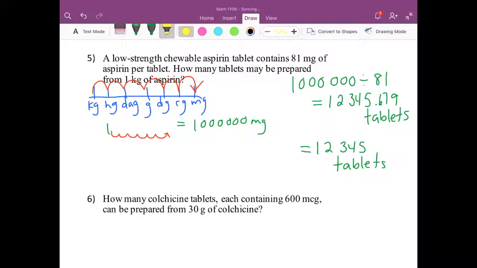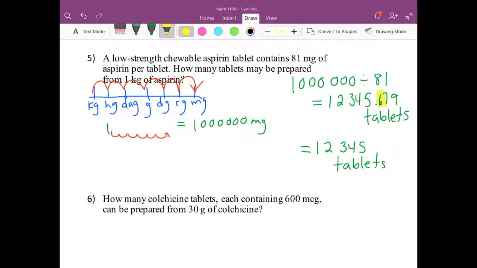So even though this gave us a 6 here, which usually tells us we need to round up, we don't have quite enough aspirin to make that 12,346th tablet. So we can't actually round up in this case. So in your industry, normal rounding rules don't necessarily apply.